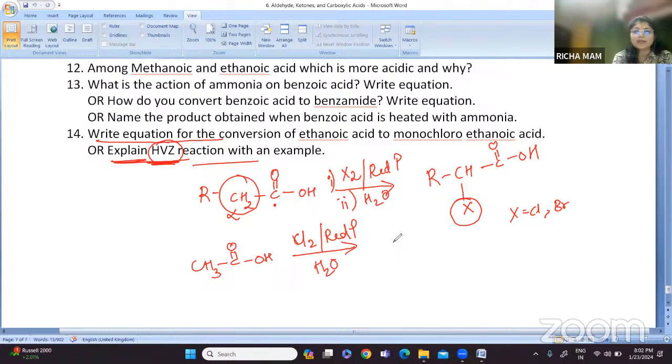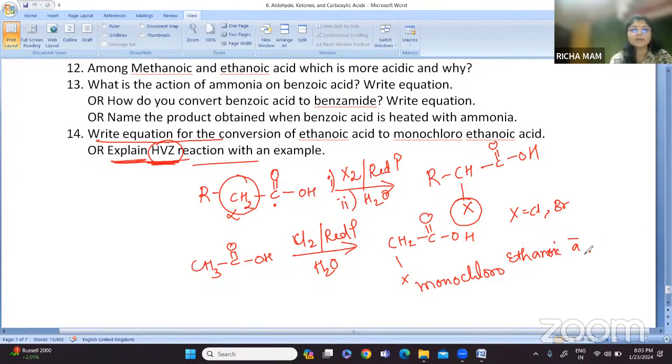What you get is CH2Cl, where one of the hydrogens is replaced by chlorine, and C double bond O OH. So it is monochloroethanoic acid.